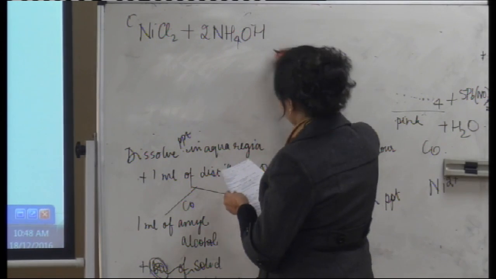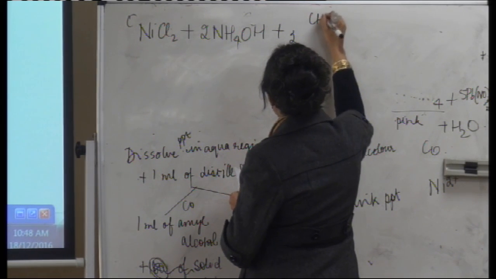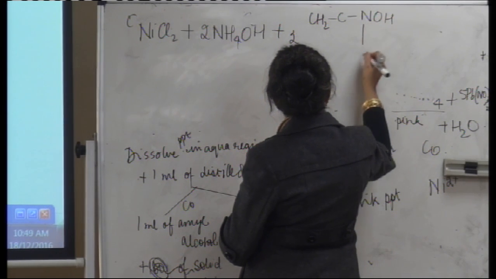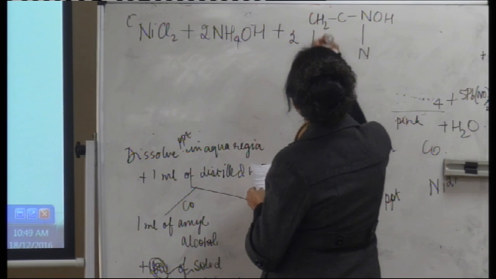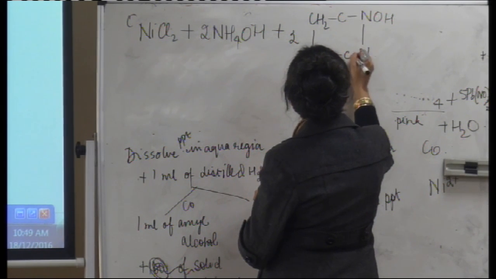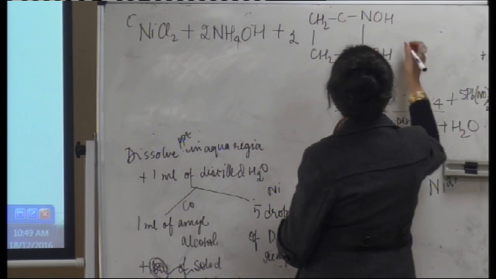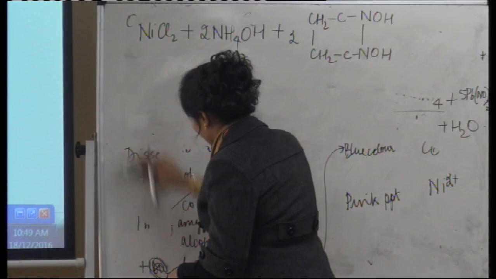So ammonium hydroxide plus your DMG reagent, which is CH3CNOH and again CH3CNOH, and that gives you your nickel DMG complex, which is pink in color.